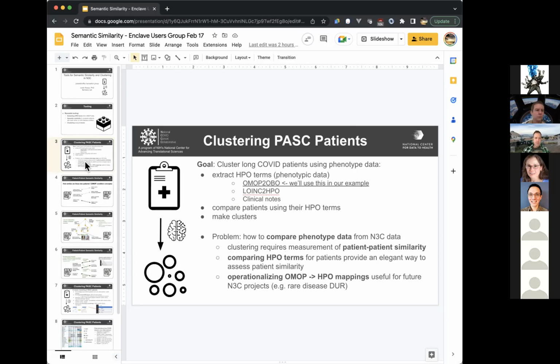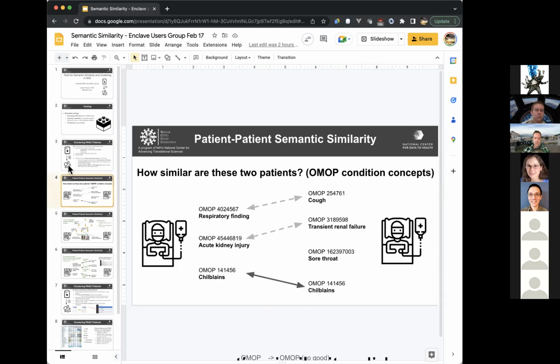Okay, so how do you do patient-patient semantic similarity? This isn't just how you do it here, this is just conceptually how you would do it. Here's patient 1, here's patient 2. We have some signs and symptoms: respiratory finding, acute kidney injury, chilblains.